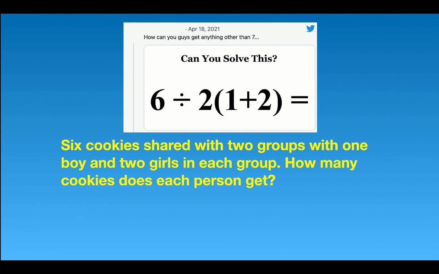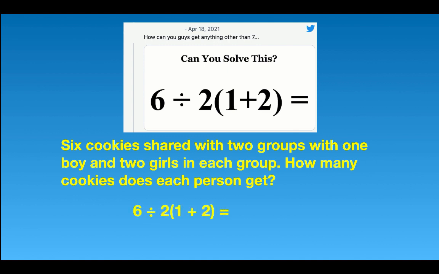Well, this context communicates that we're doing long division as sharing. I'm sharing 6 cookies with 2 groups of people, each of which has 1 boy and 2 girls. In order to solve this correctly, I have to find out how many people there are. And I know in this expression that all the people are on the right side of the division symbol. So I have to do that first.